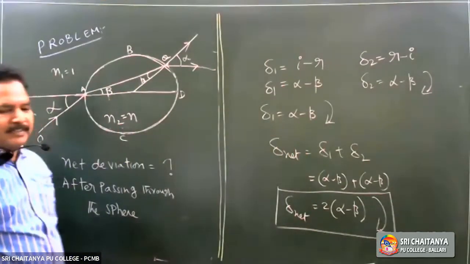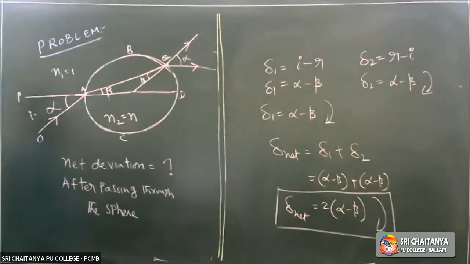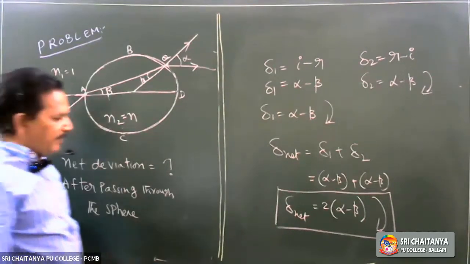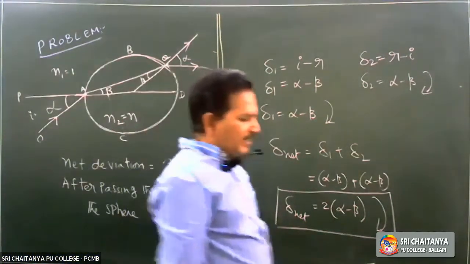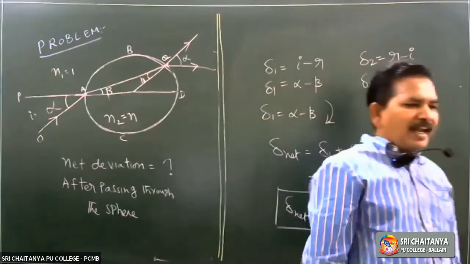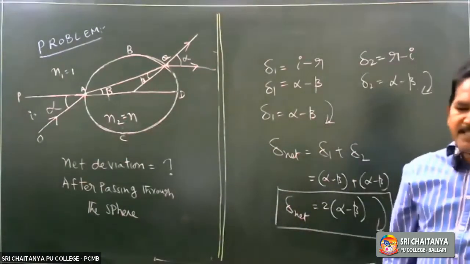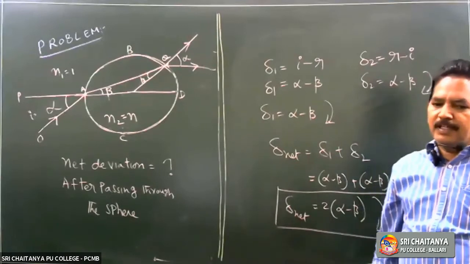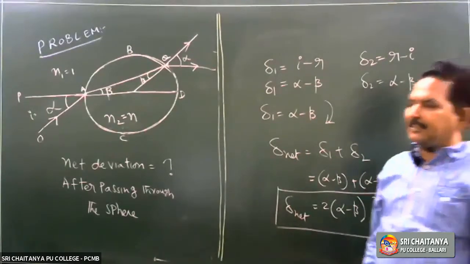Second problem, general. Alpha and beta values will be given, like 60, 45 or 60, 30. You are asked to calculate the net deviation when the light ray passes through the complete sphere.